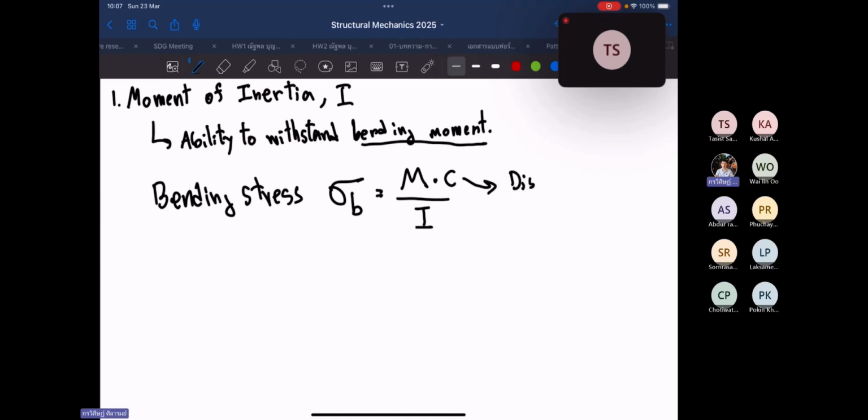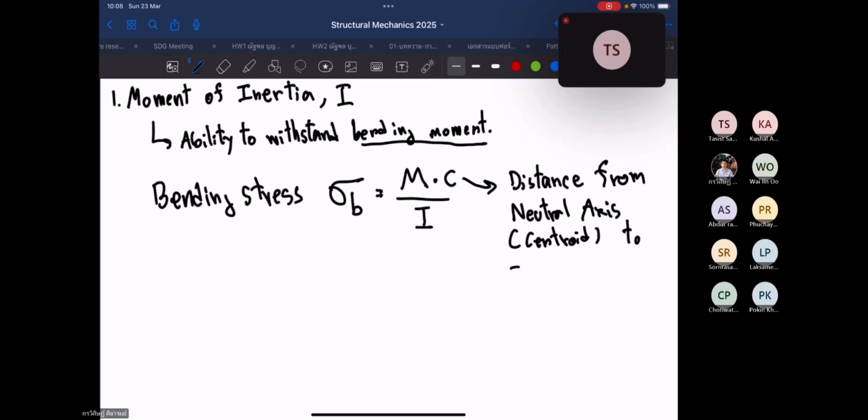distance from the neutral axis, okay, or centroid, to the edge.